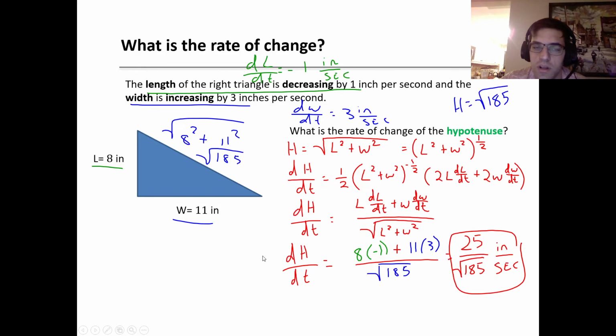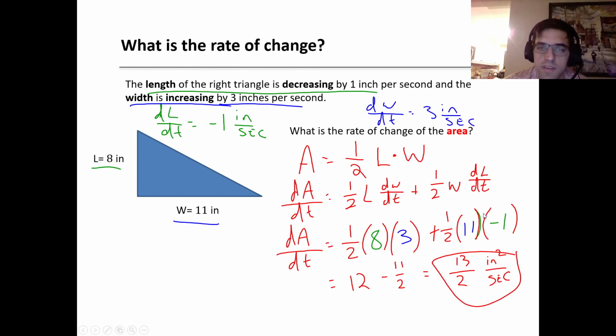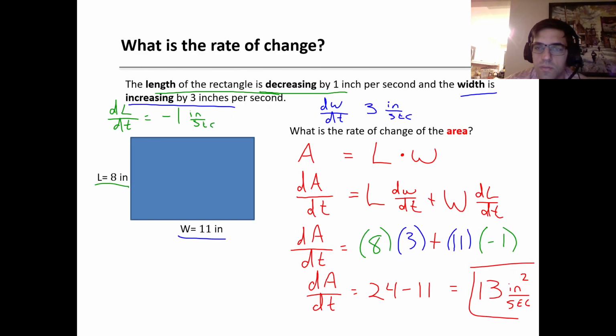But all these examples are in a context. If you think about it, the length is decreasing by 1 inch per second, and the length is 8 inches. There's only so long this can decrease before the whole equation falls apart, and that's true for any of these examples.